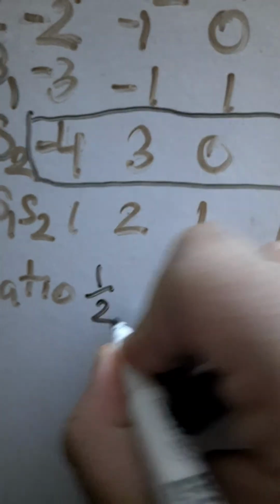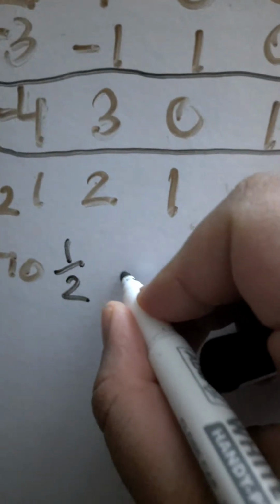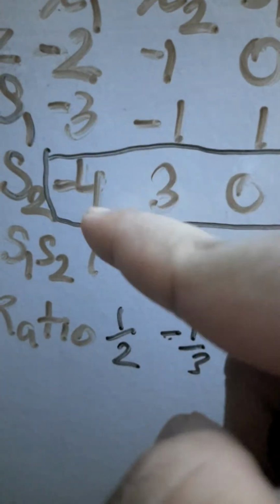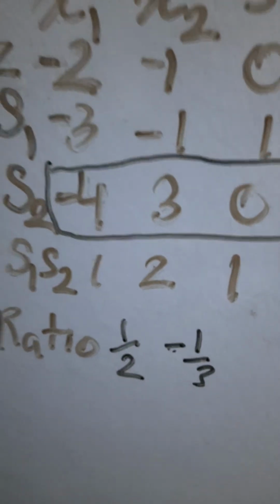Minus 2 by minus 4 is 1 by 2, minus 1 by 3. Minus 2 by minus 4 is 1 by 2, because 2 twos are 4. So 2 gets cancelled, 2 twos are 1, and 2 twos are 4. So the common factor 2 is taken out, leaving 1 and 4, because both come in the 2's table.